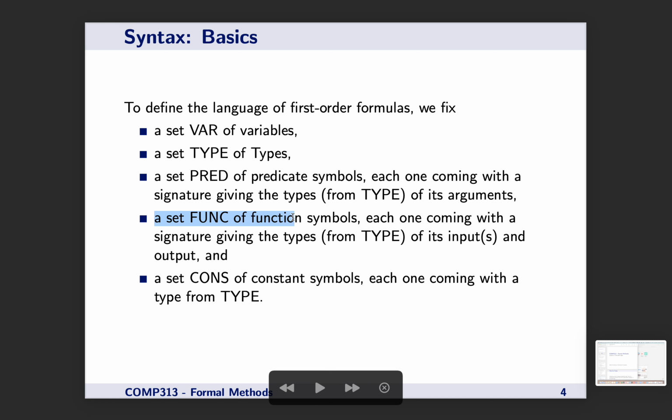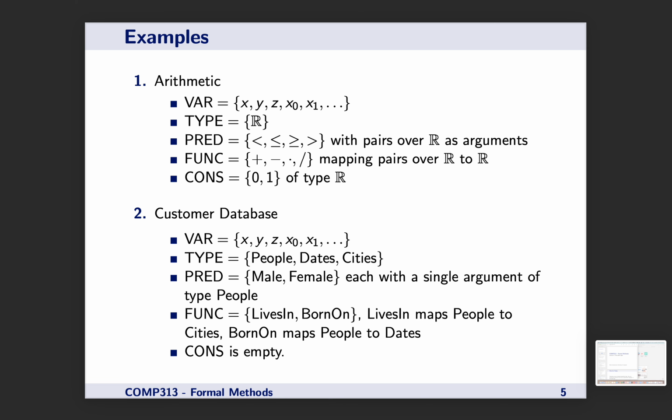A set FUNC of function symbols, each one coming with a signature given by the types of its input and output. The set CONS of constant symbols, each one comes with a type. Variables x, y, z, x0, x1, types R, PRED.